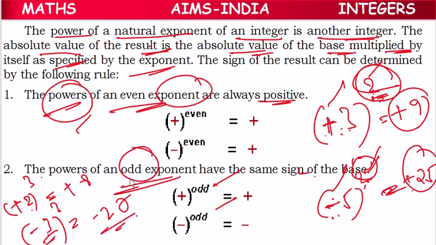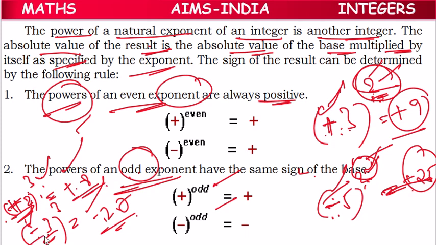If we have an odd exponent in the place of power, then if the base is positive, the result will be positive. If the base is negative, the result will be negative. Whereas in the case of even exponent, the base may be positive or negative, the result is always positive. But here, only if the base is positive, the result is positive. If the base is negative, the result is negative. That we have to keep in mind.